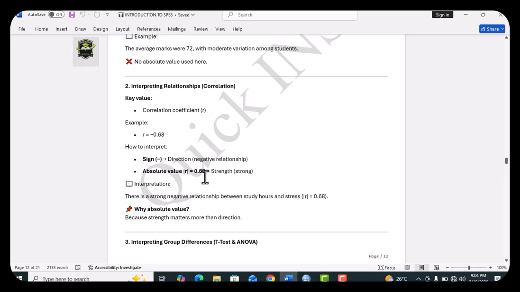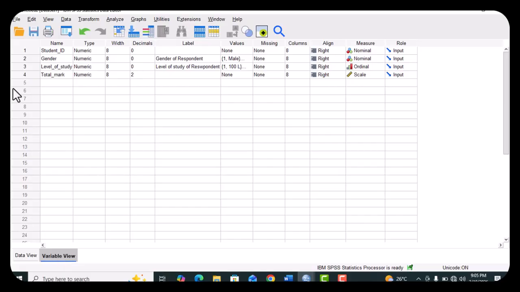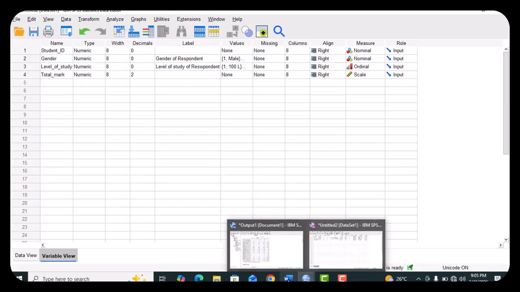And probably if you have a negative correlation for maybe the gender and the total mark, I don't think we can still do the correlation with the table that we got with this that we work on. We can still do the correlation with the level of study and the gender here.